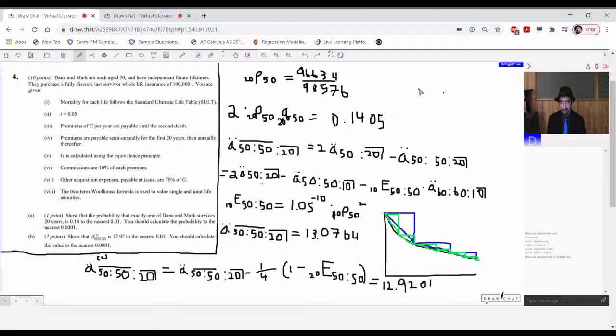Hi, Dr. Nighttime again. Quick interjection here. A lot of you are probably looking at this first line I have up here and saying, wait a minute, that's not the value I have in the table. And yeah, it's not. Not only that, this doesn't get you 0.1405.